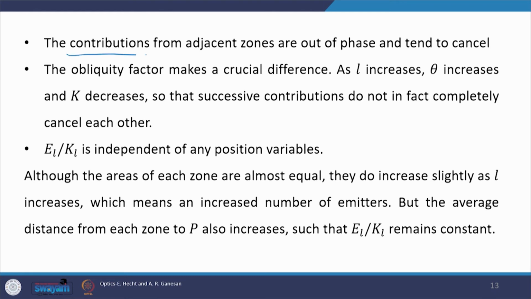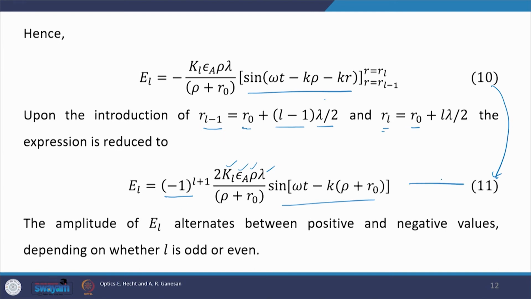The contributions from the adjacent zones are out of phase and tend to cancel, because in equation 11 we see that E L alternates between positive and negative values. If L is equal to 1, then E L is positive, if L is equal to 2, then E L is negative. It means the adjacent zones are 180 degrees out of phase.